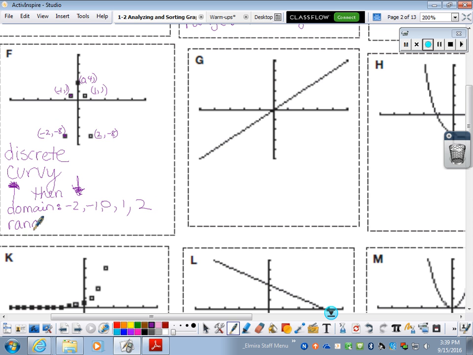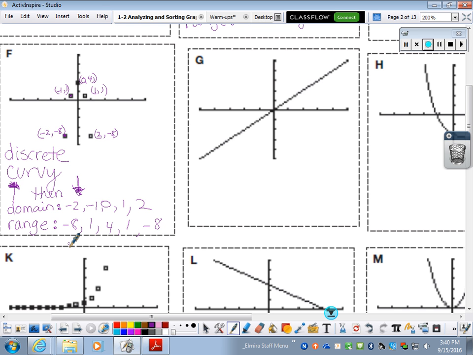Range. That's where I would list the y values. So -8 is a y value. 1 is a y value. 4. 1, -8. Now some of these y values got listed twice, and that's okay. That would be another way you could do domain and range for a discrete graph.